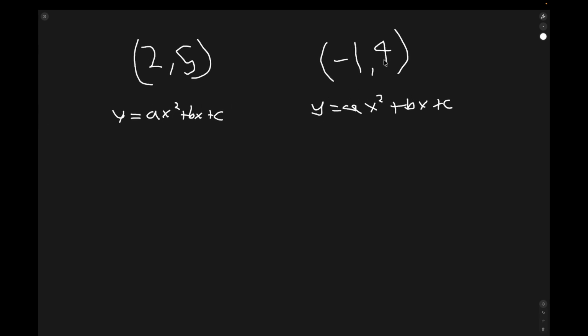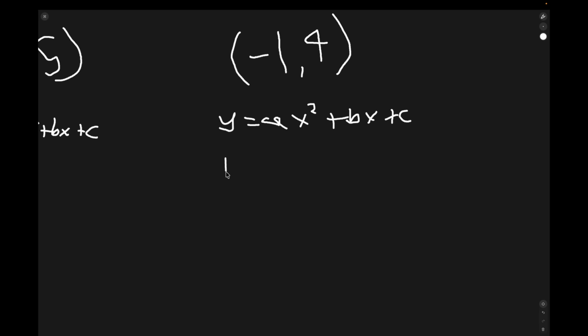Where we see a y, we're going to put in a 4. So 4 is equal to a outside of -1 squared plus b plus c. So -1 squared will just be +1. So it is equal to a minus b plus c, because it'll be -1b.